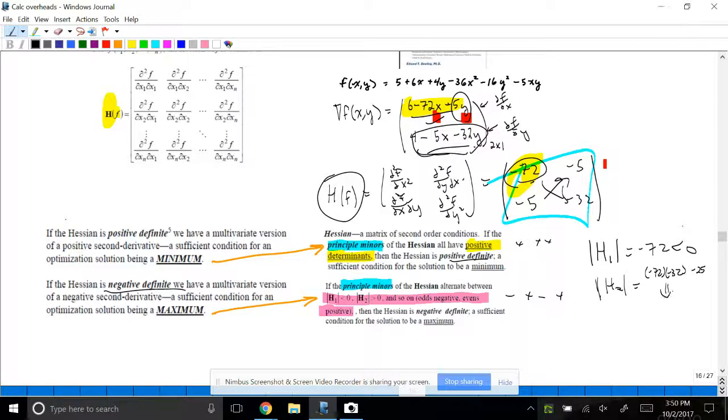And that, I believe, equals 2,279, which is positive. So we have this negative, positive relationship. So this Hessian is negative definite. So this is the sufficient condition for a maximum.